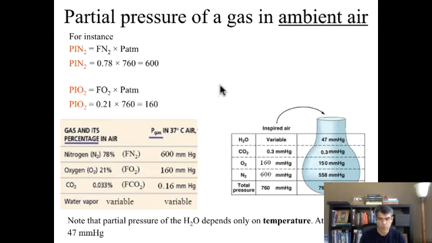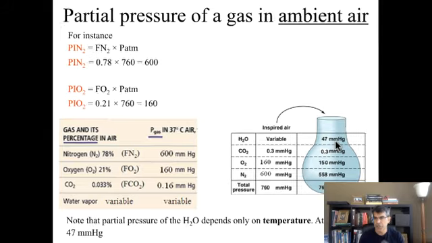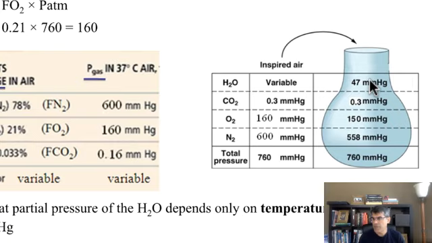When you breathe this air in, you're breathing air from the outside, and this air is going to get inside your respiratory system. I'm sure you remember that one of the functions of the respiratory system is moisturizing the air. Your respiratory system is going to make sure your air is not dry. It is going to add water to the air, and the amount of pressure is equal to 47 millimeters of mercury.